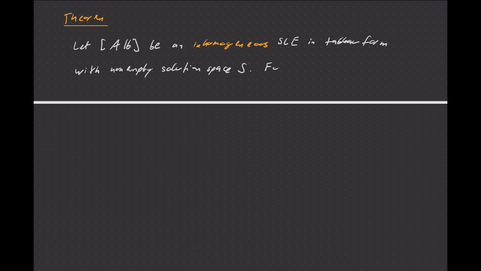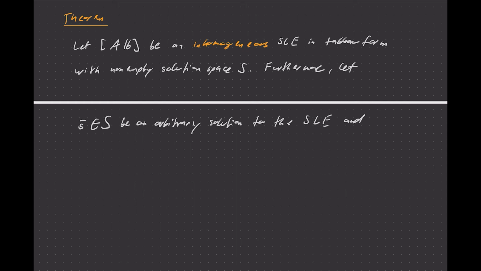So let's write that down fully. Furthermore, we need this shift vector. Let S bar in S be some arbitrary solution to the SLE, and let U be the solution space of the corresponding homogeneous system of linear equations.